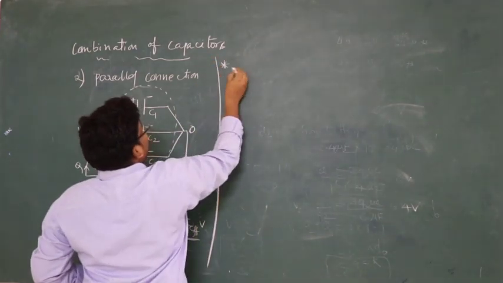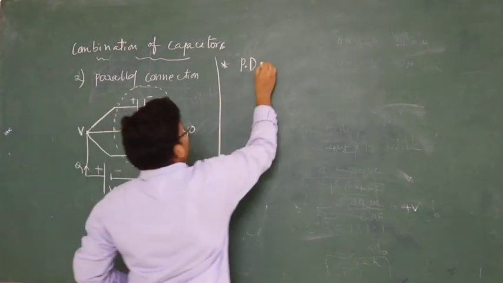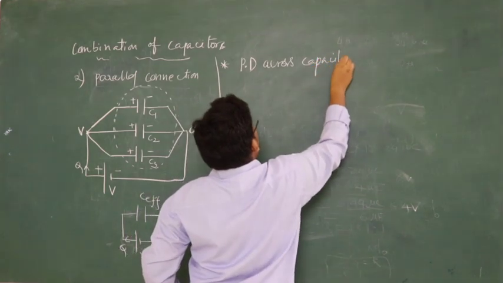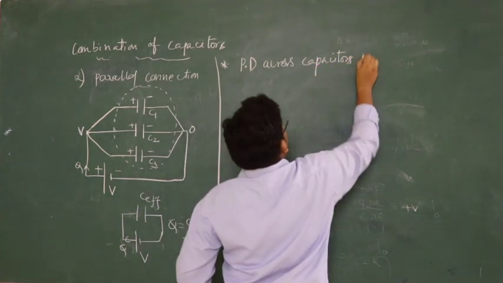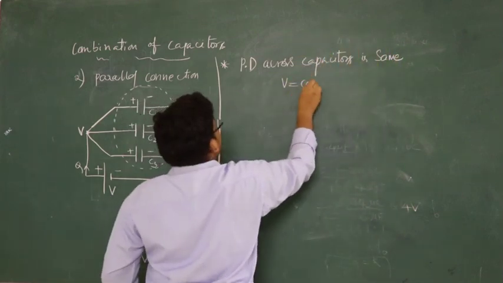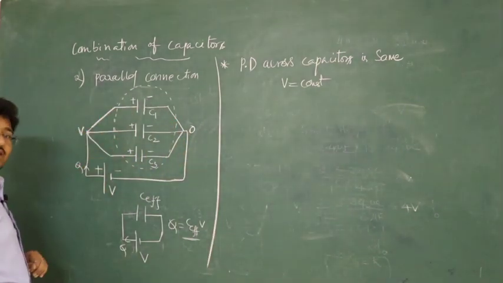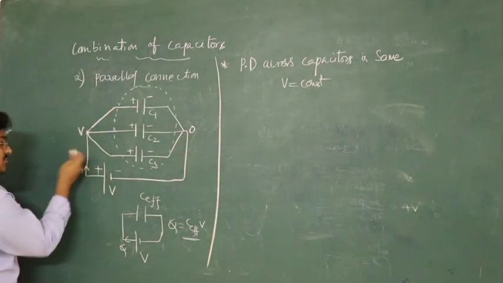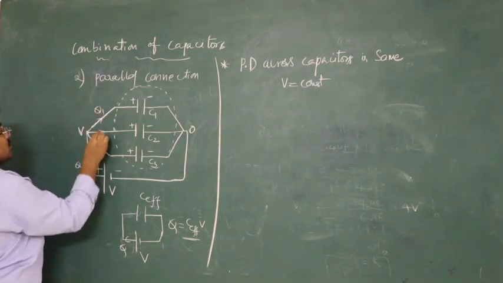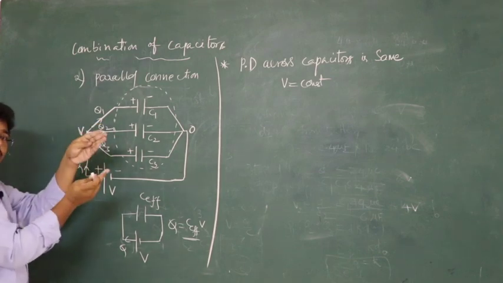In parallel, the potential difference across capacitors is the same. So V is constant. Now when V is constant, if some charge Q starts from the battery, automatically this has to split into Q1, Q2, Q3, because this has to split three ways.